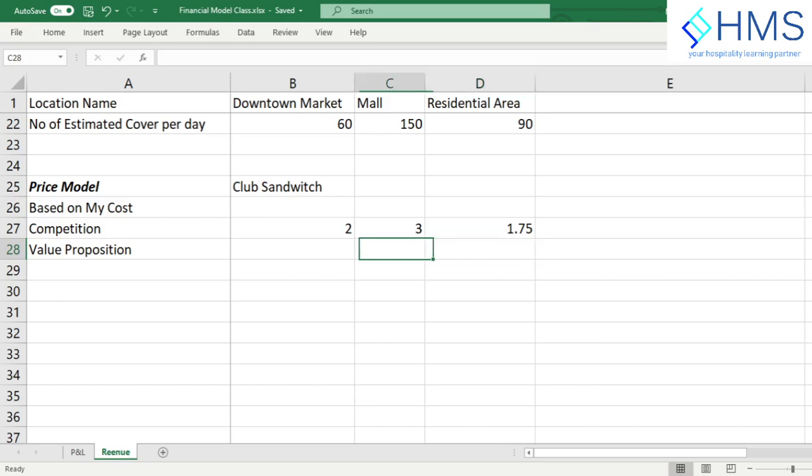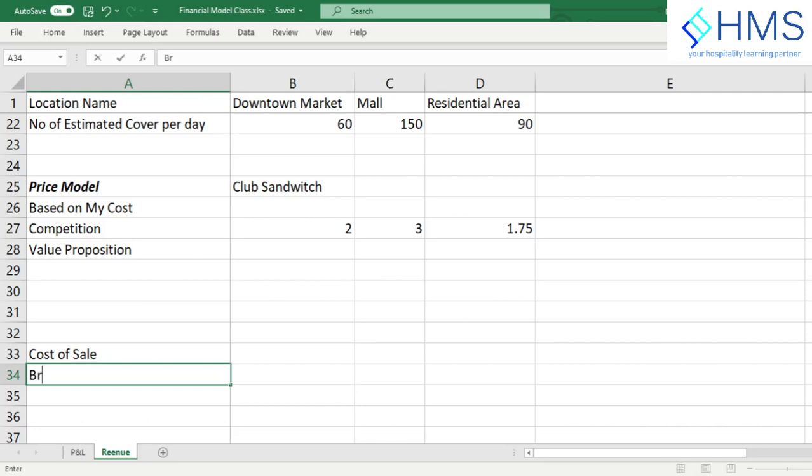Now based on my cost, I need to decide my price. Based on cost, we have to create a cost model, meaning the cost of sale model, so that we can understand how much my cost of sale is. When you are creating a cost of sale, as we said, the best practice of the financial model is to follow the same as real life. So what would be the cost going into my club sandwich?